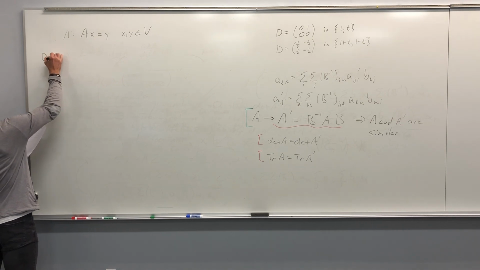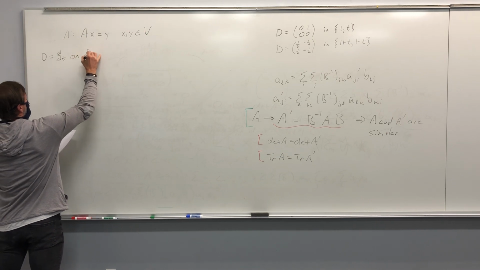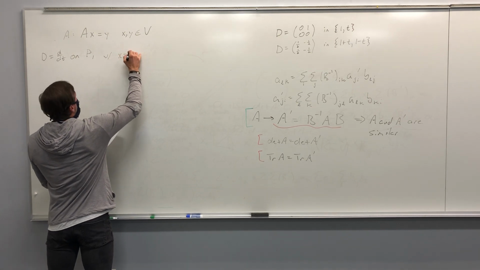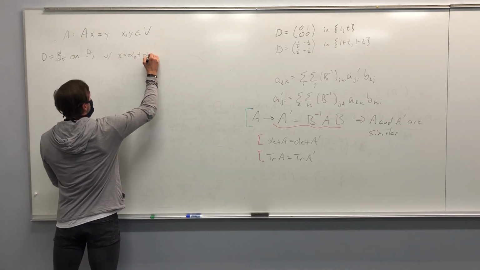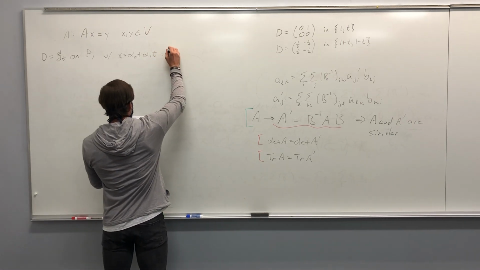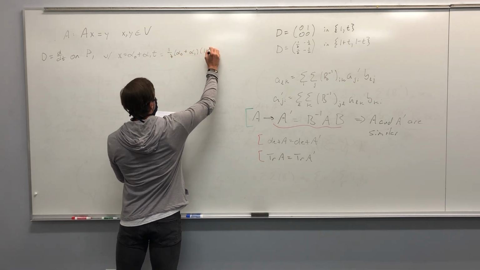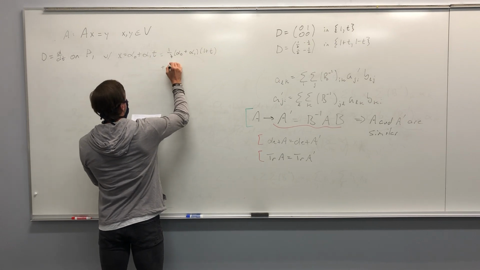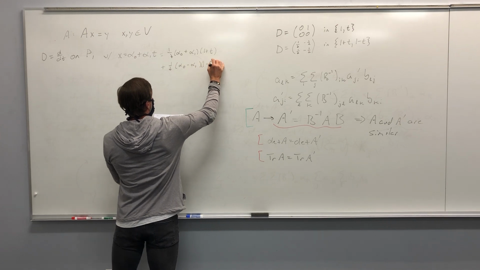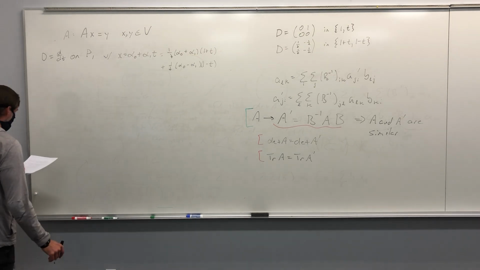So let's think about D, which is of course just d by dt on P1, with a function alpha 0 plus alpha 1 t, which of course can also be written as 1/2 (alpha 0 plus alpha 1)(1 plus t) plus 1/2 (alpha 0 minus alpha 1)(1 minus t), depending on whether you want to work in the 1, t basis or the 1 plus t, 1 minus t basis.